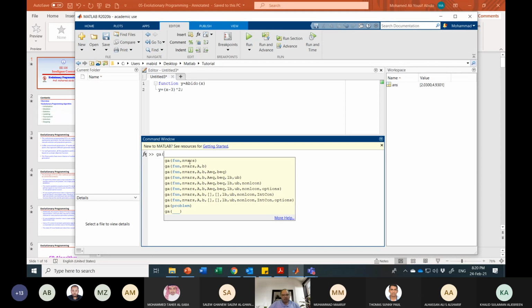So this is the function, and this is the number of variables. And if you have inequality constraints, for example, x must be less than or equal to 10, and if you have two variables x1 and x2, you can write them in matrix form: the coefficients of the x's, and the right-hand-side vector. So A and B can be written.